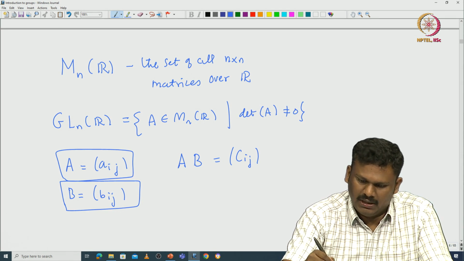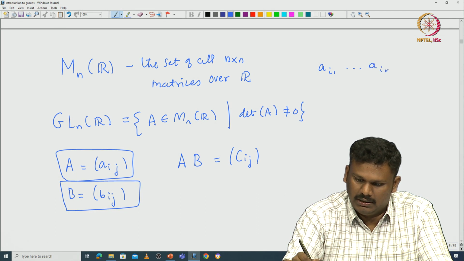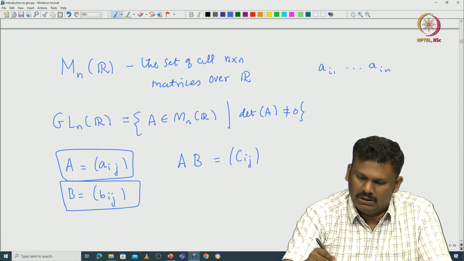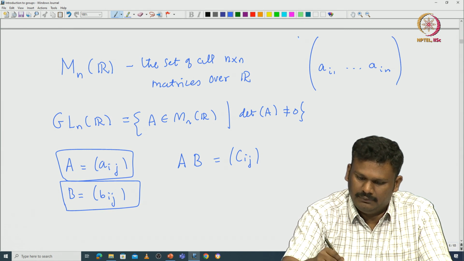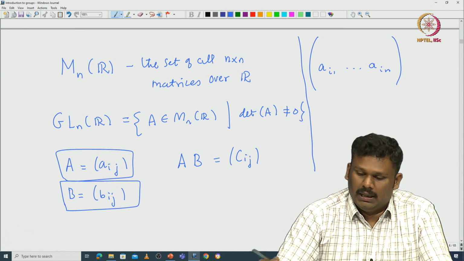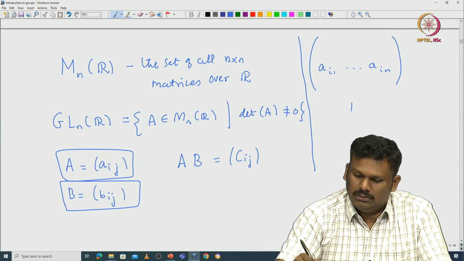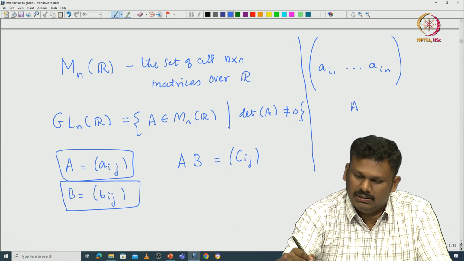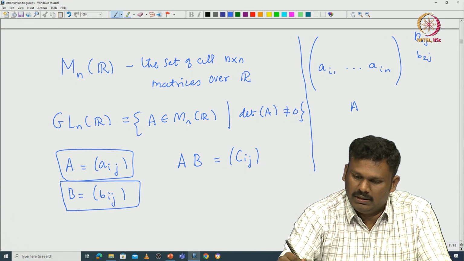You take the ith row a_i1 etc. a_in, this is the ith row inside the capital A, and then you take the jth column, b_1j, b_2j etc. b_nj.